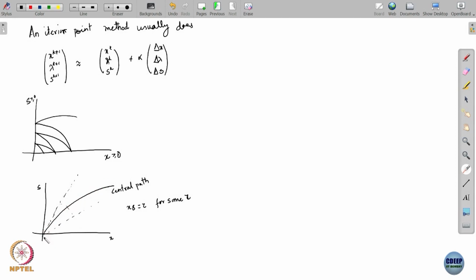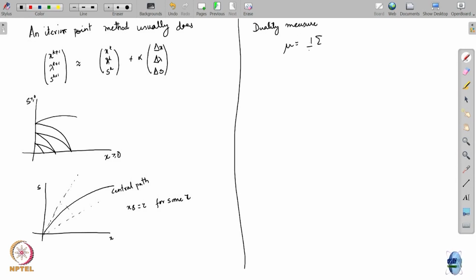So, the actual form is the following. In order to define it, let us define this particular thing, which is called the duality measure. The duality measure is mu, defined as 1 by n summation of xi si, or equivalently written as x transpose s divided by n.